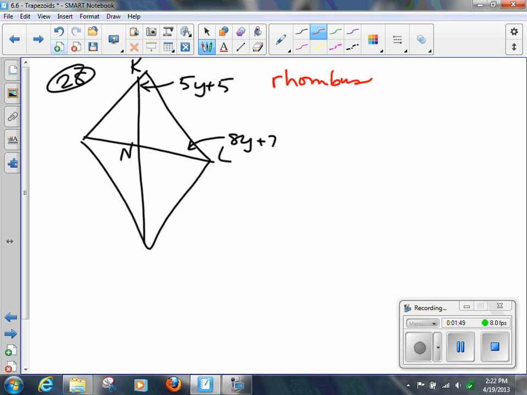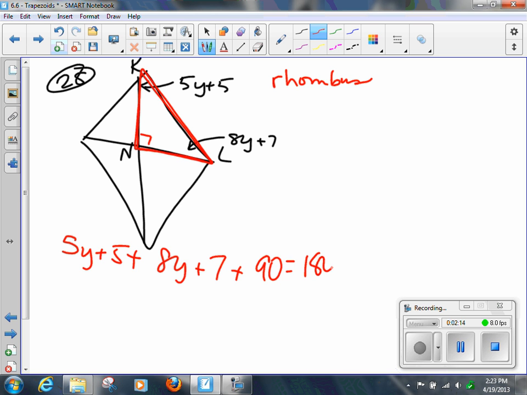They're perpendicular, which means it's a right angle in there, right? Which means I've got what kind of a triangle? Now, I'm not talking about rhombuses anymore. I'm talking about a triangle, which totals to what? 180. That means 5y plus 5 plus 8y plus 7 plus 90 is equal to 180.